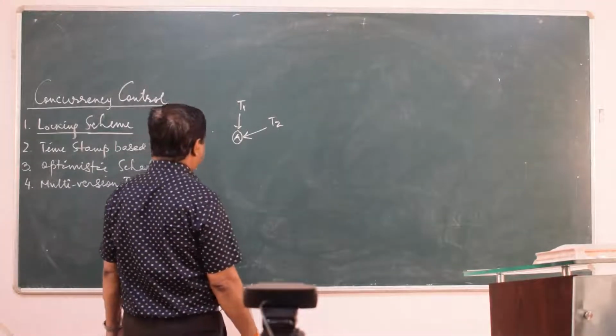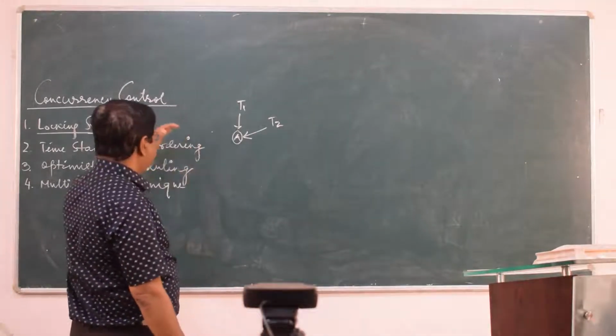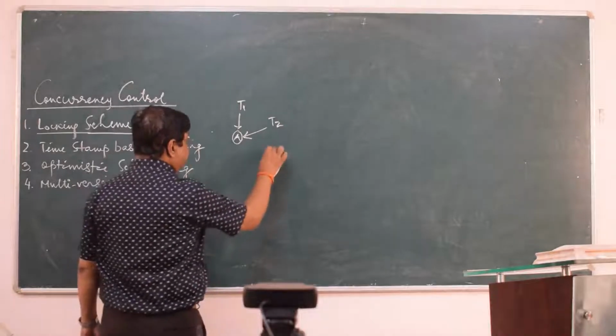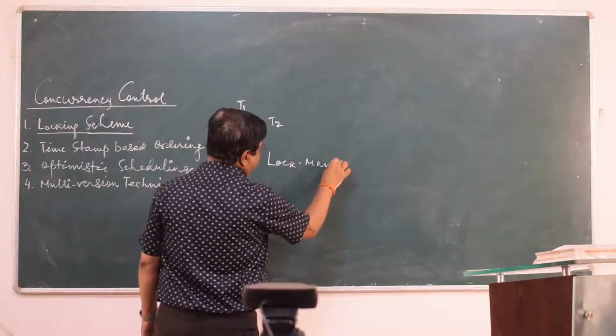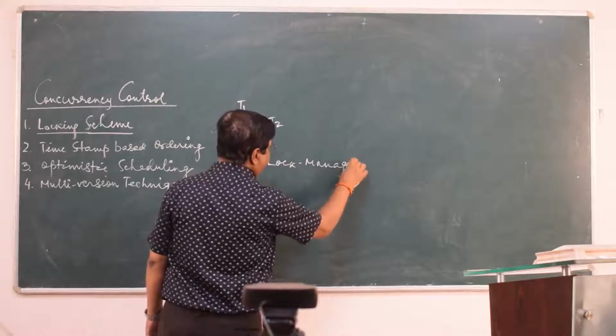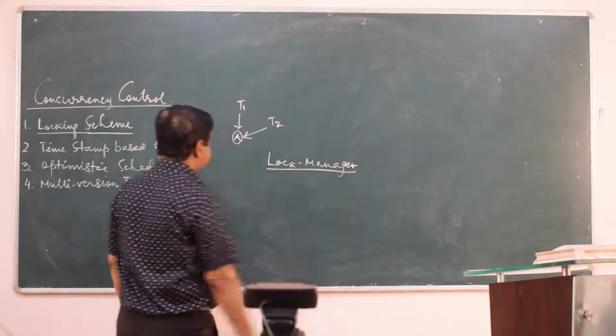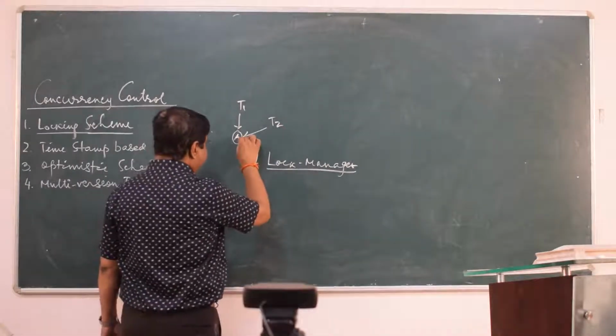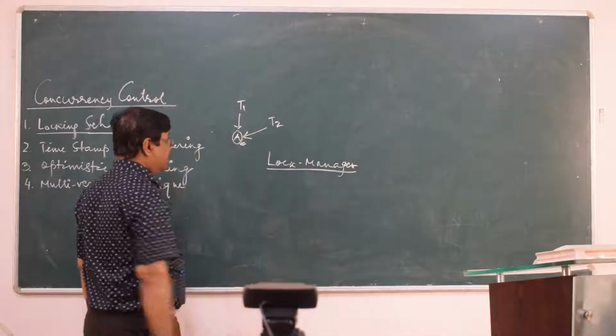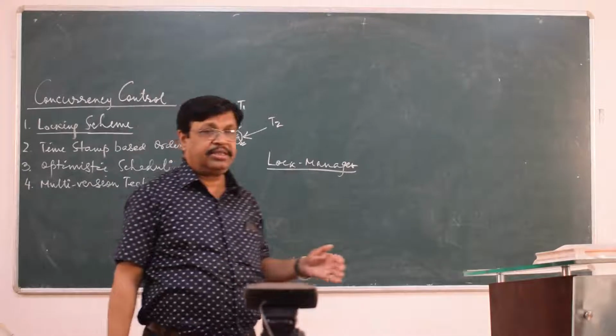So what happens here? In the locking scheme, there is a lock manager, a component of DBMS. This lock manager locks data item A for either T1 or T2.